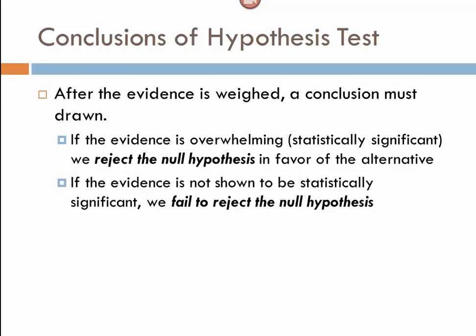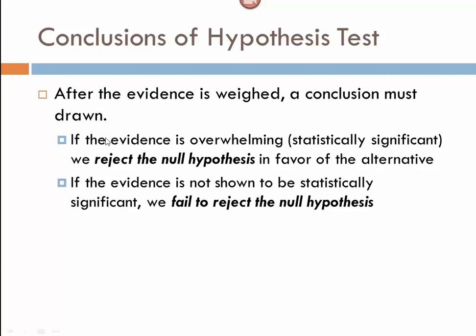If the evidence is not shown to be statistically significant, we do not say that we reject the alternative. We simply say that we fail to reject the null hypothesis. So, in terms of the null hypothesis, we either reject or we fail to reject. And then we say that the evidence seems to either support or not support the alternative.